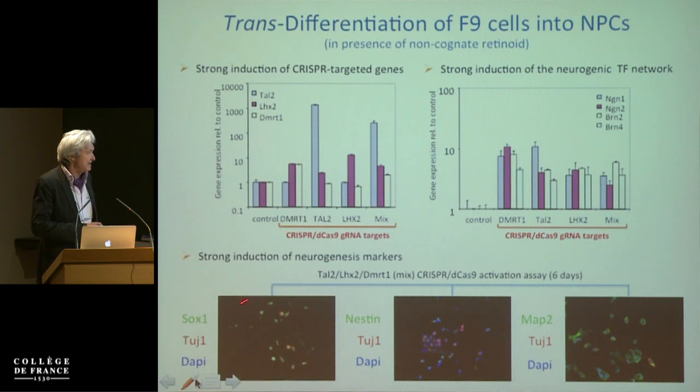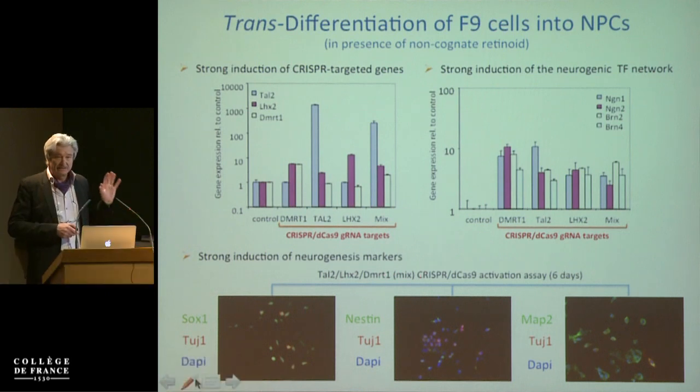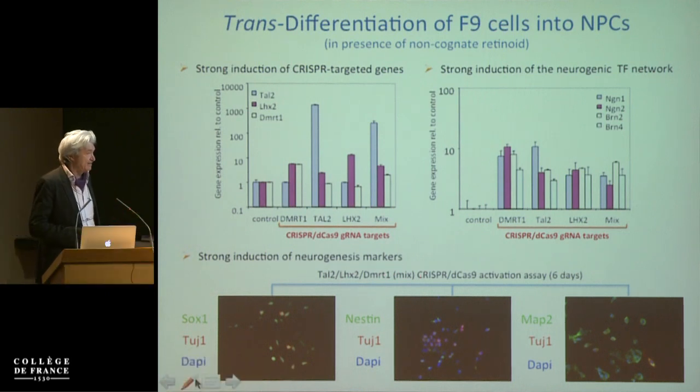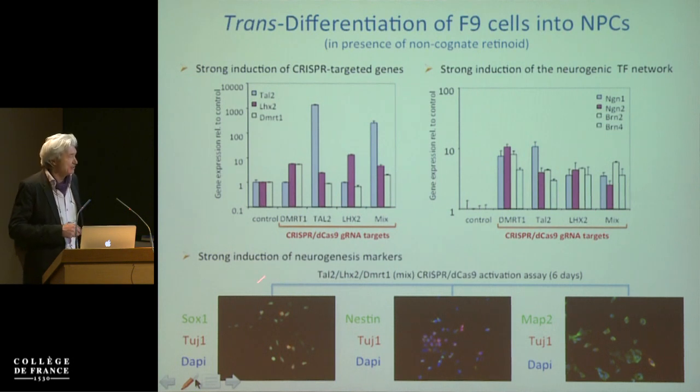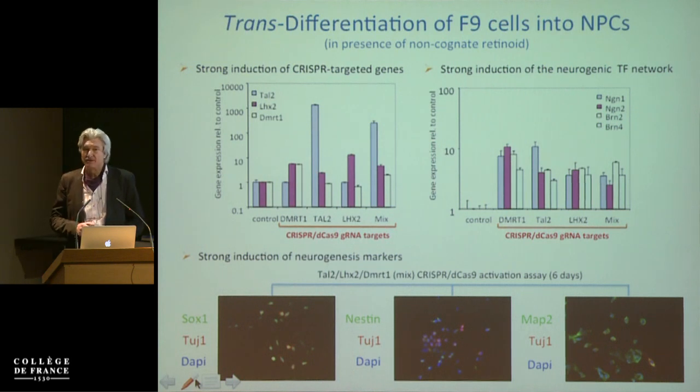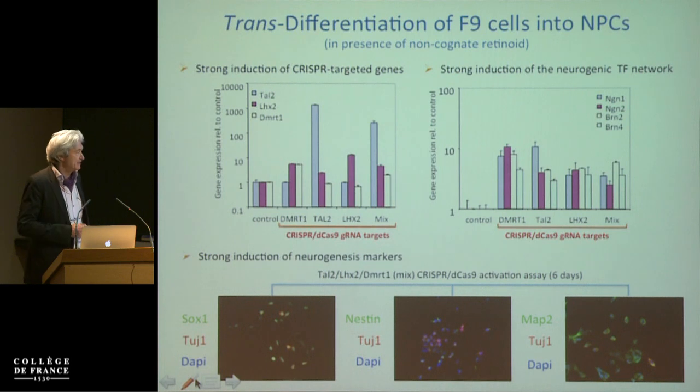And what you see here is where we use a mix of these different CRISPR-targeted activation systems. We are looking here at F9 cells, which are endodermal cells, which have now acquired a neuronal differentiation pathway because SOX1, nestin, MAP2 are activated in addition to TUJ1.